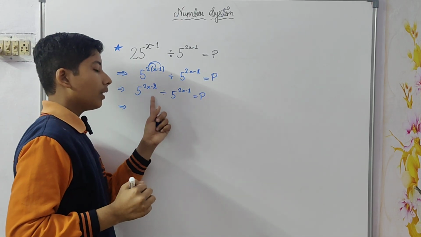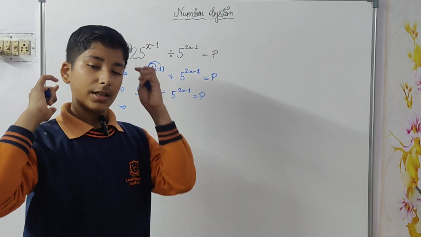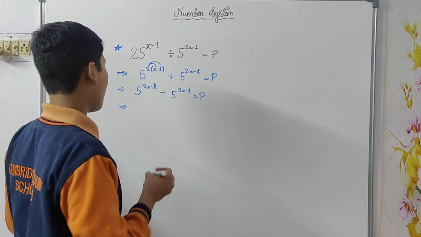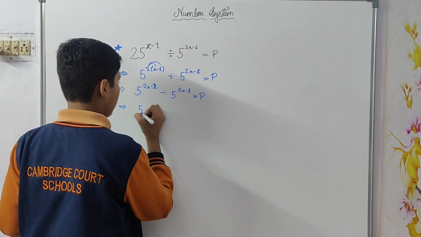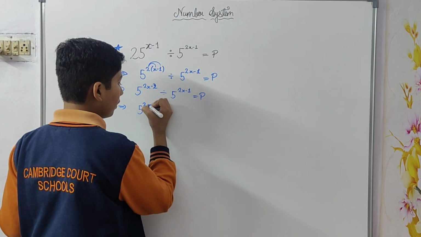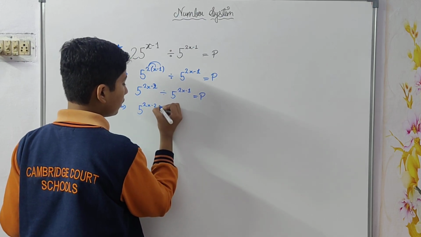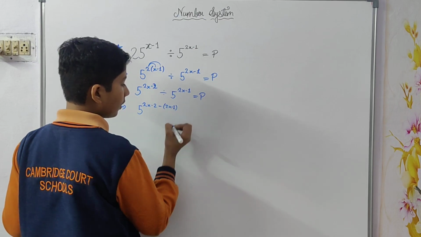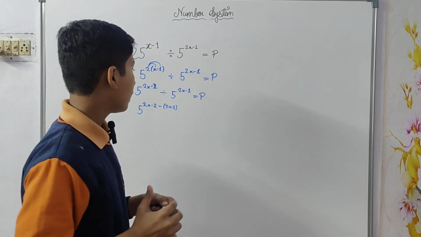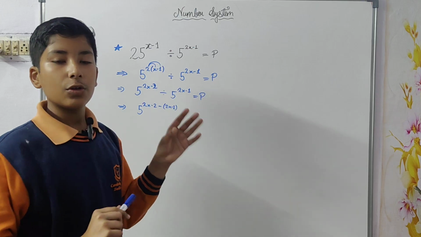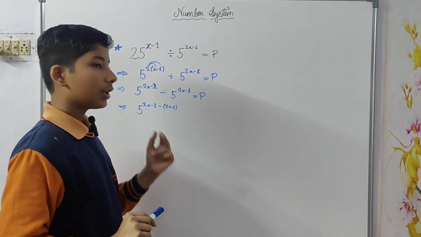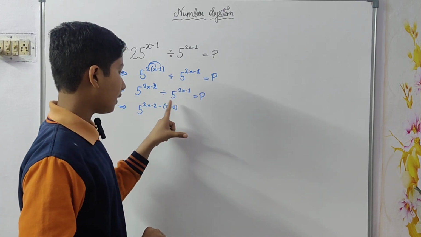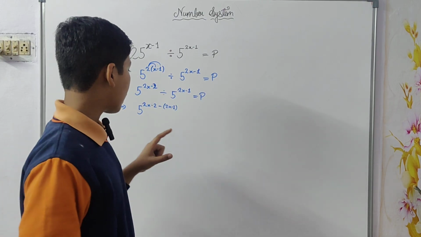Now next step, since the bases are same and the symbol between them is divide, so the powers will get subtracted. 5 to the power (2x minus 2) minus (2x minus 1). I have written it in brackets so you don't get confused. Just put it in brackets because this whole will get subtracted. If you don't use brackets, your answer will get wrong.